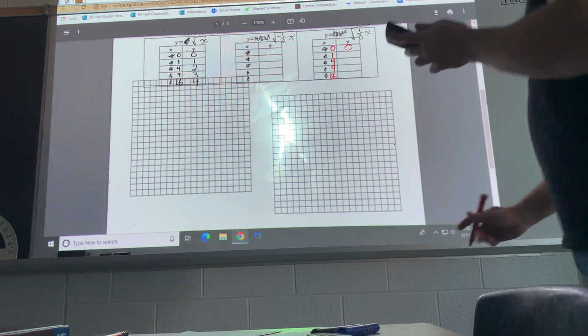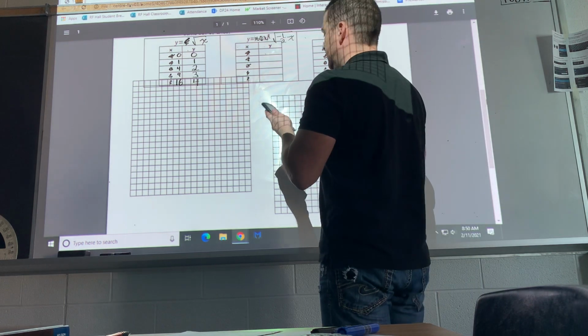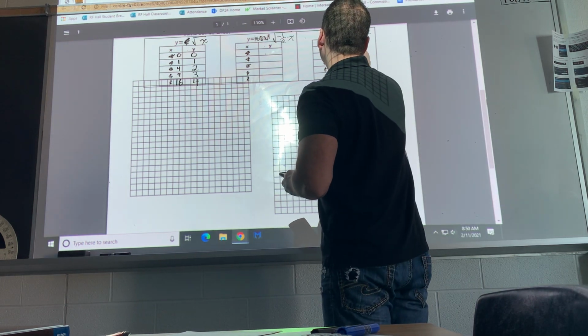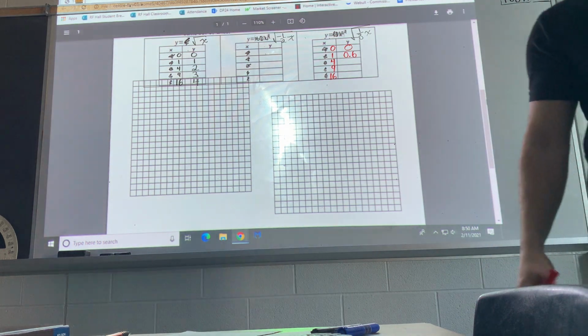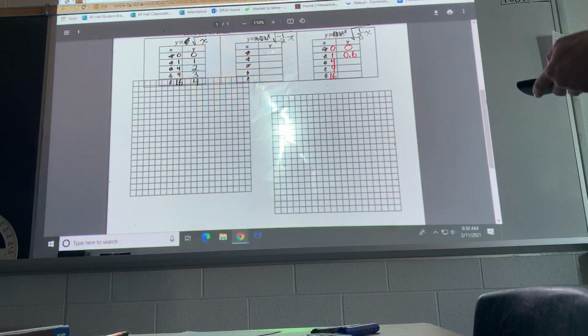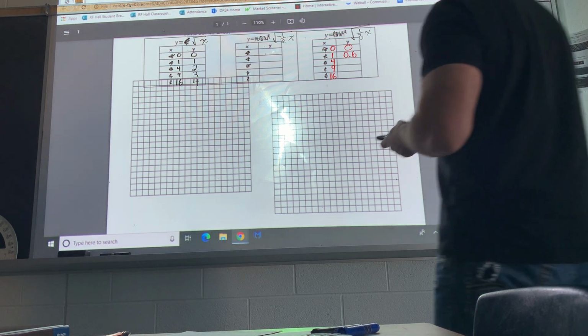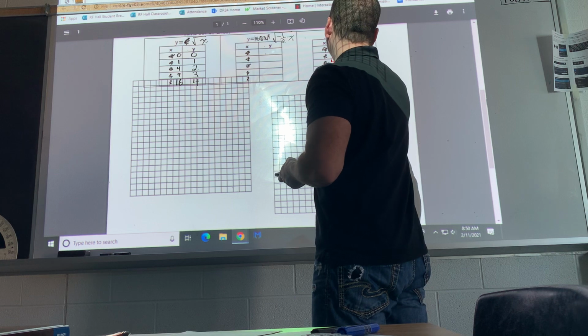When you square root 1 over 3, you get 0.58, rounded to 0.6. If I substitute 4, I get 4 divided by 3, and that gives 1.2 rounded.